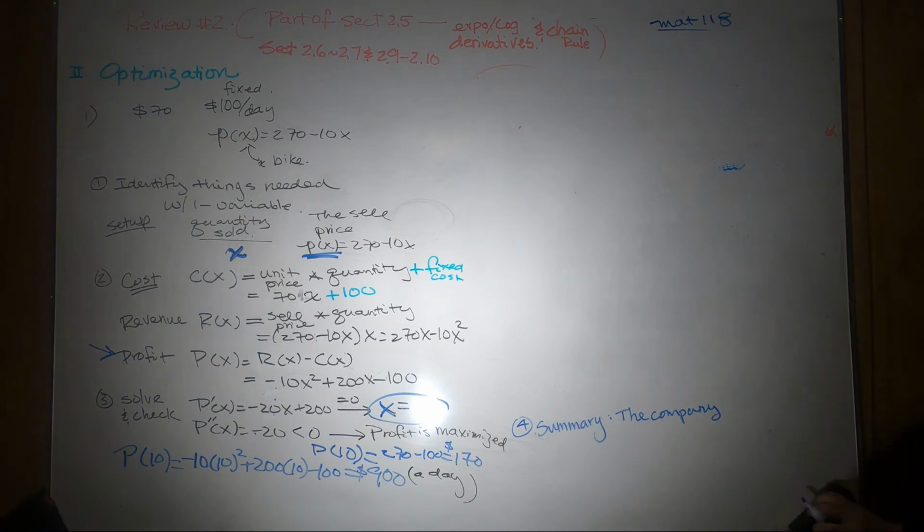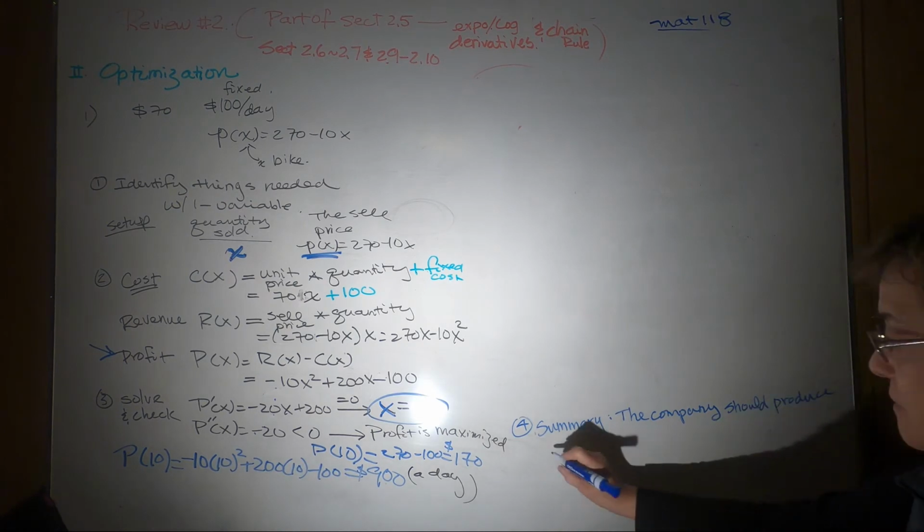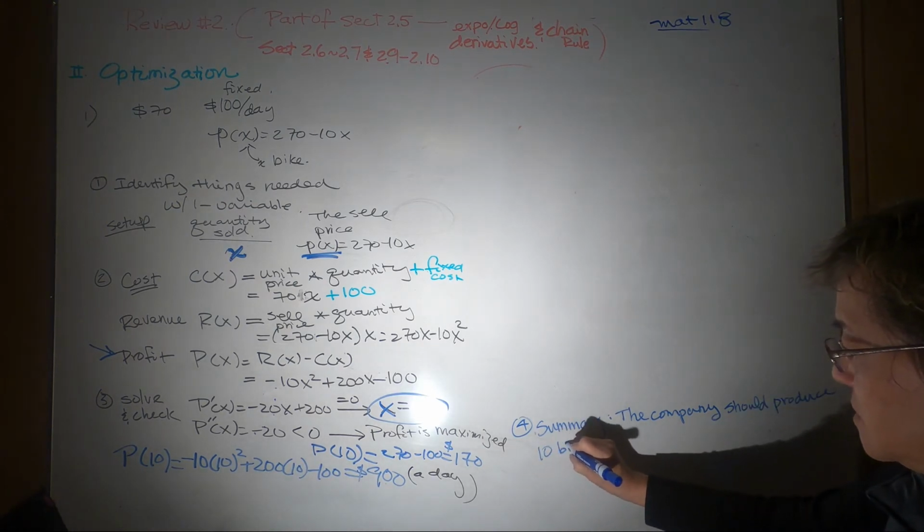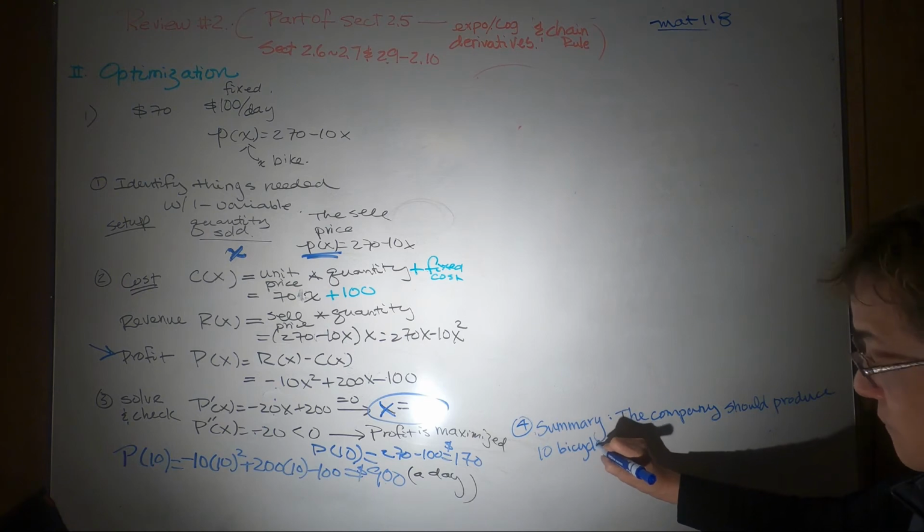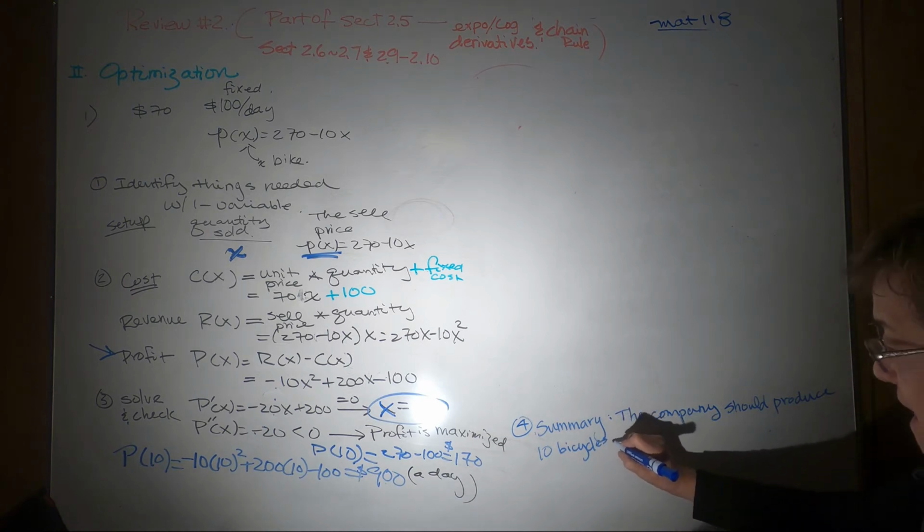Just to answer the question more completely, to describe the situation, you will say the company should produce 10 bicycles a day.